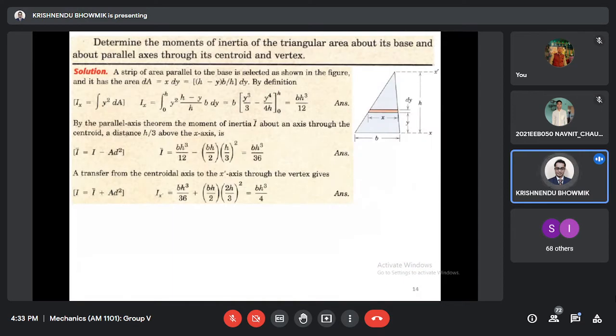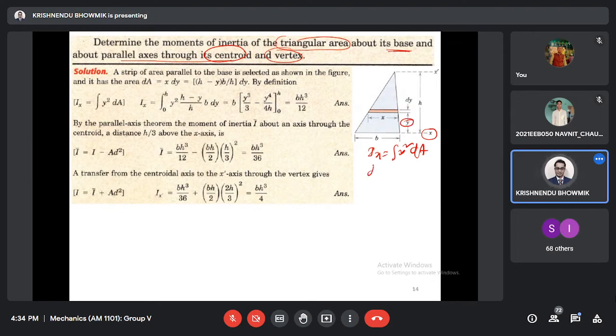Now consider that we have a triangle cross section. We have to calculate with respect to the base, and then use the parallel axis theorem through the centroid and the vertex. So first of all, for this base, what will we do to calculate this? Simply we will use the expression Ix equal to integral of y square dA. This is the y.